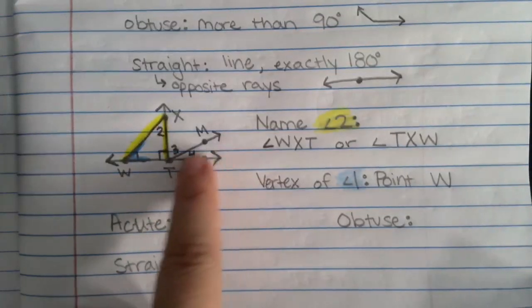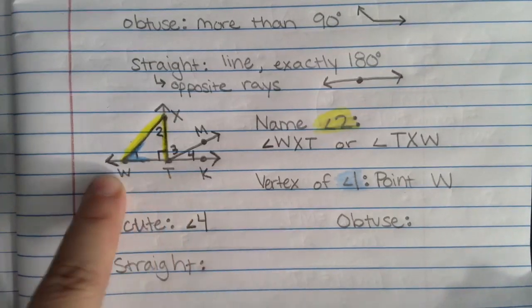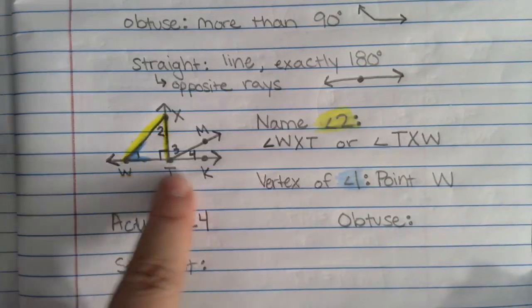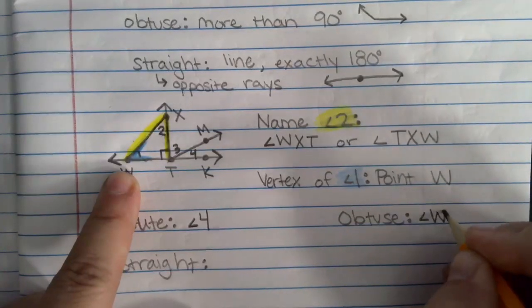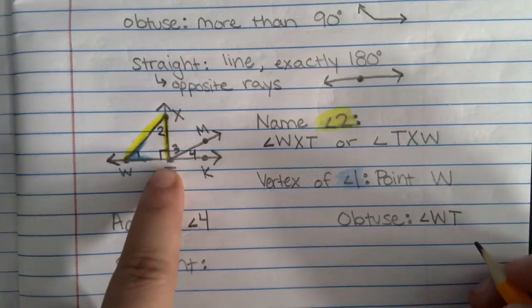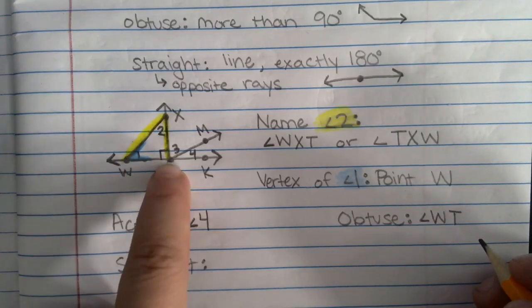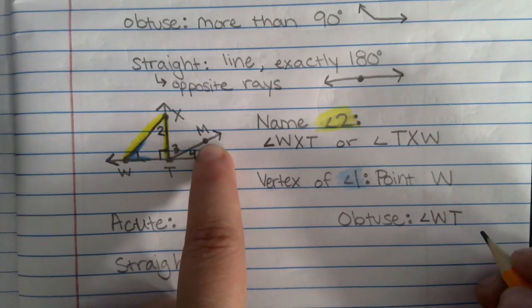I want to go to that TM, and where am I going to start? WTM, yeah. So angle W, I'm going to go to the T, and then I need to go past that 90 degrees. Instead of going up to the 90, I'm going to go out to the M.